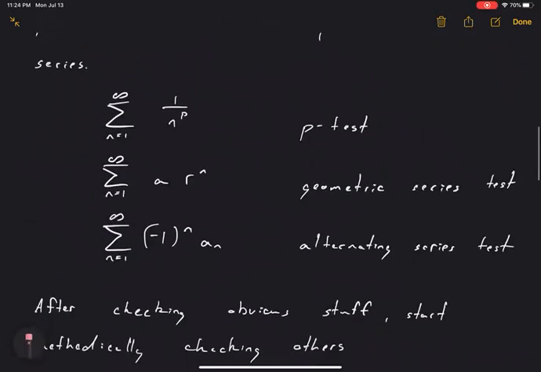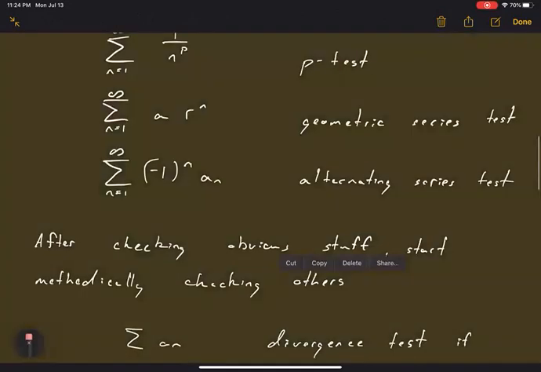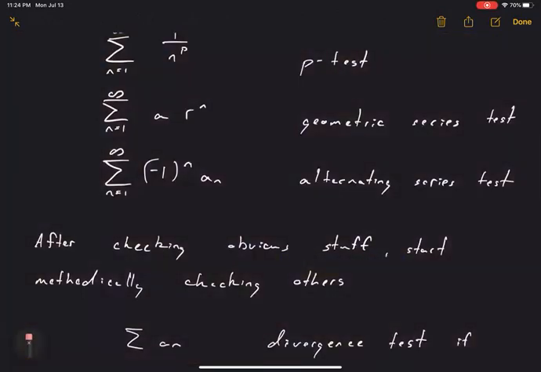What other types of series should pop out at you right away? Geometric series, those are pretty obvious, a times r to the n. And also, I would say alternating series, those are pretty obvious when they pop out at you. At least, there's a little bit of checking to do with alternating series, maybe more so than in these two series.